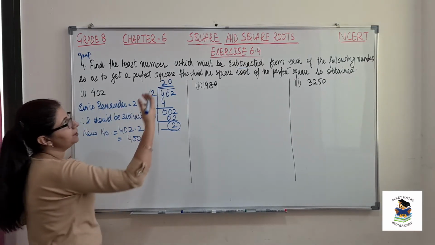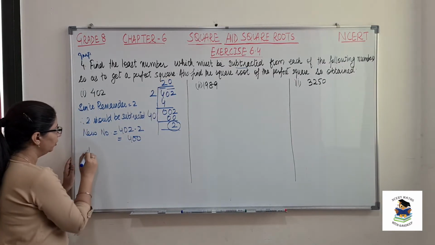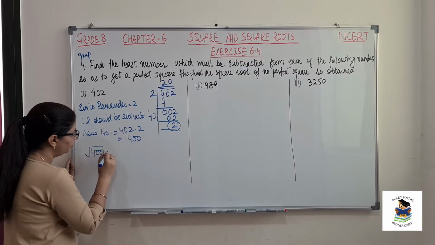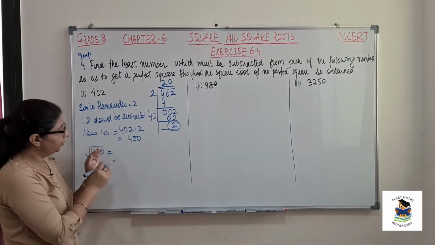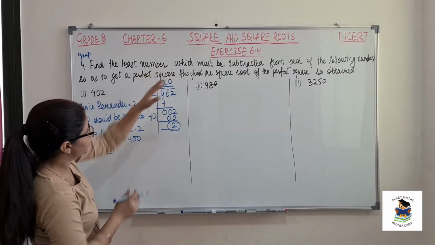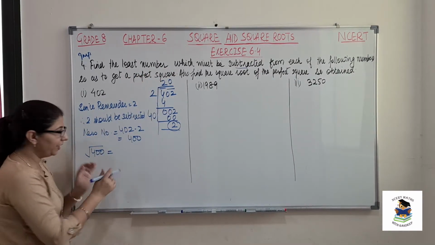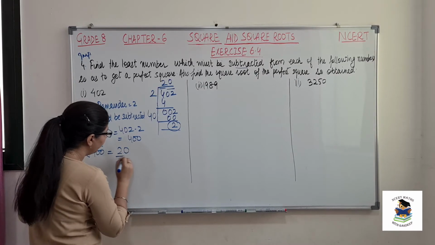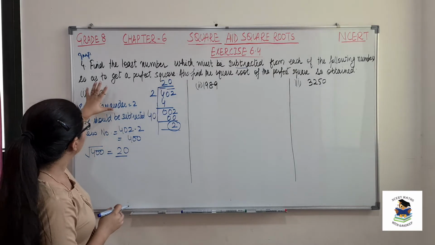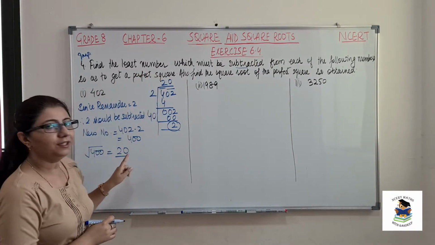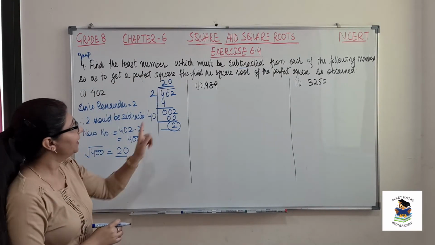And the second part is find the square root. So square root of 400 is required. No need to calculate the square root again. Whatever is your quotient, just write that number. Okay. So whatever quotient we have obtained while calculating the square root of your given number, that is our final answer. Okay.